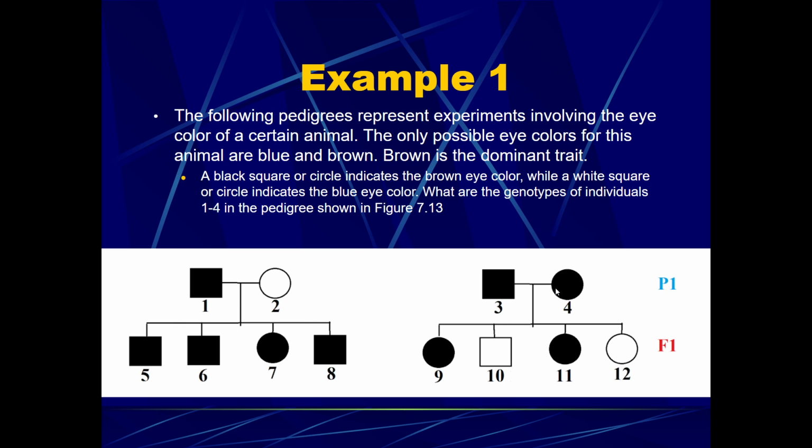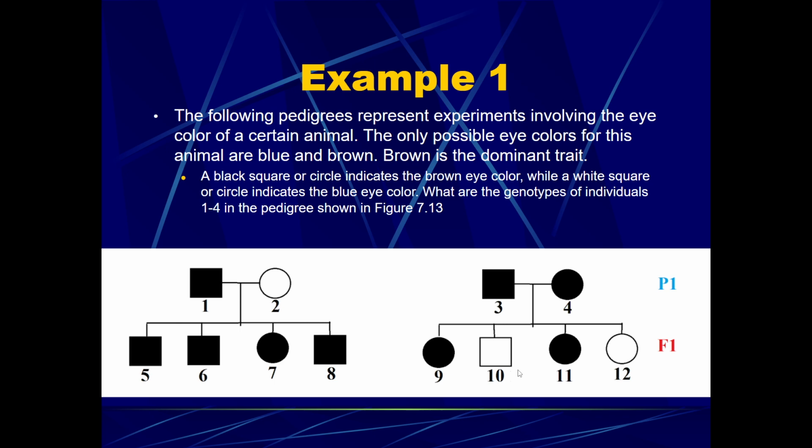Well, we're not really sure what that person's genotype is immediately, because they're showing the dominant trait. They could be homozygous dominant, or they could be the heterozygote. It's likely they are the heterozygote because they have offspring that don't show the trait.